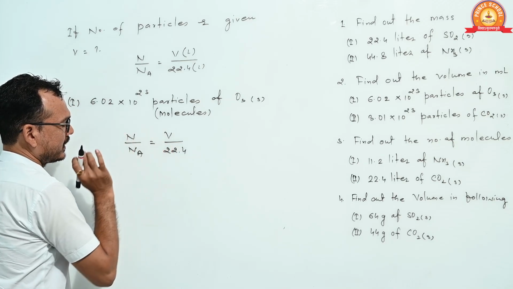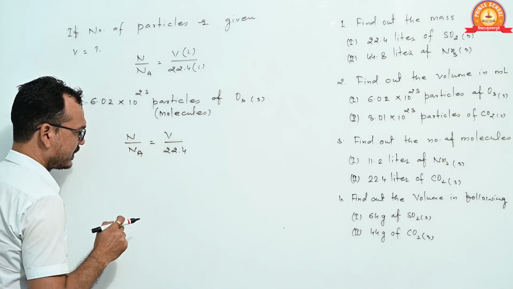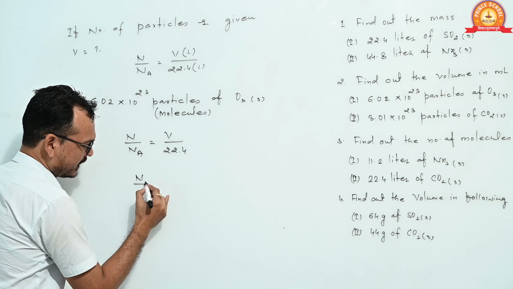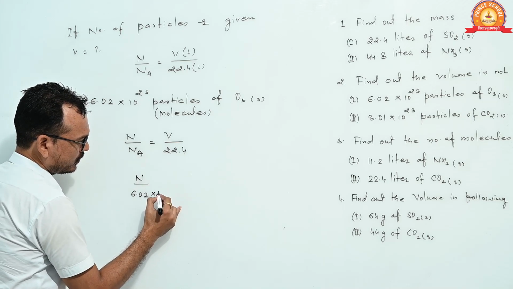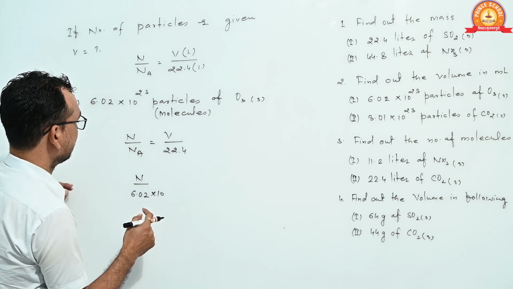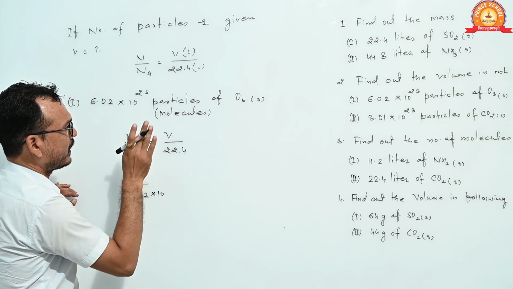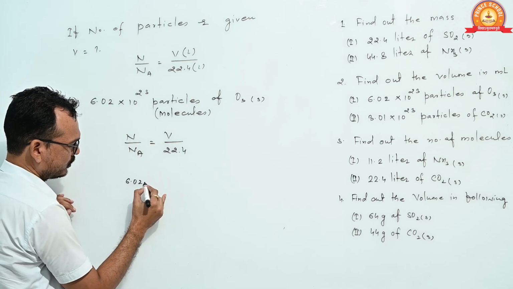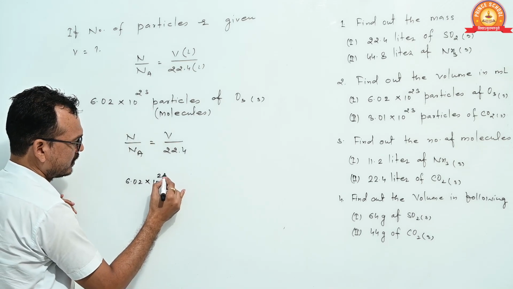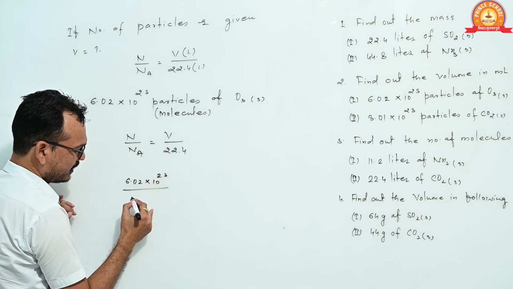The volume is unknown, which we are going to calculate. Then N is 6.02 into 10 raised to power 23, divided by Na, which is the same.